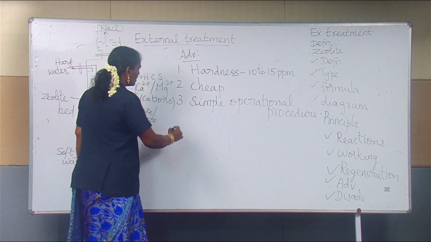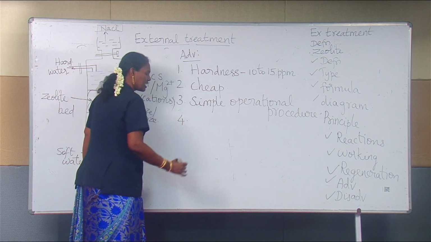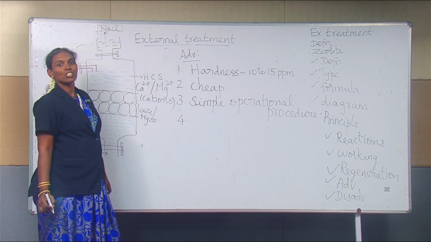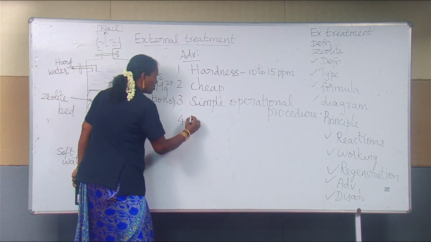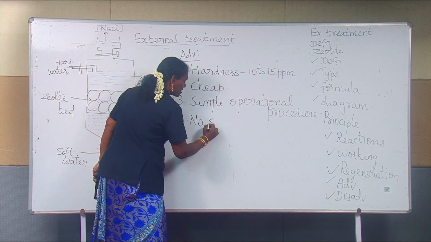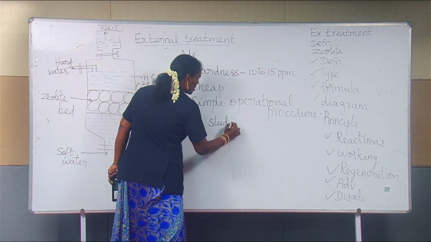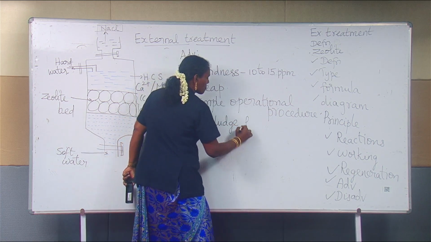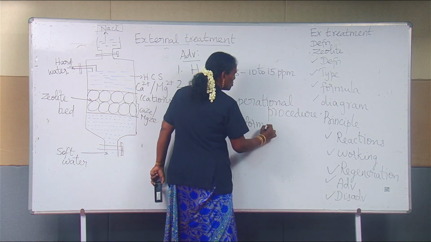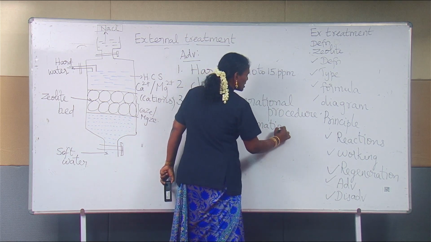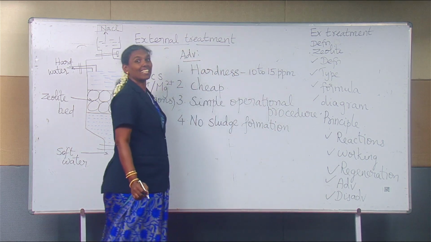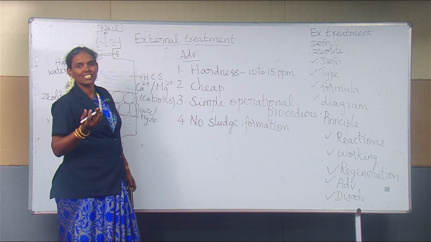The next one is that there is no sludge formation. What is the meaning of sludge? A small, soft, loose, non-adherent precipitate that won't settle down.